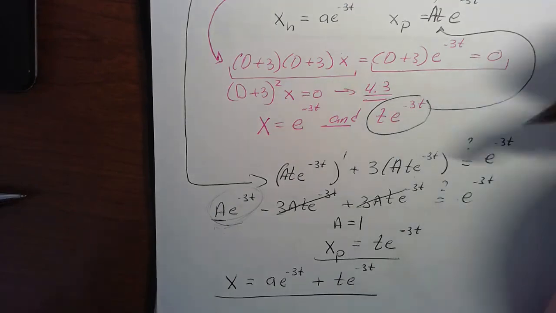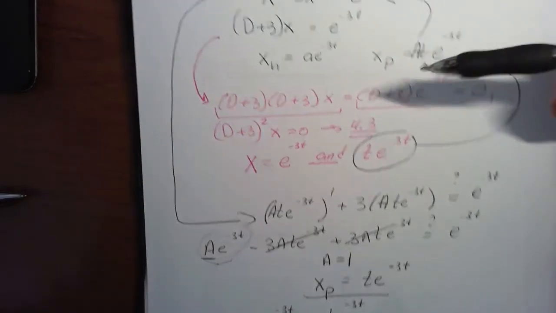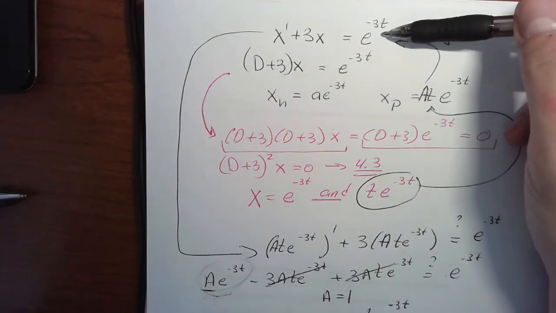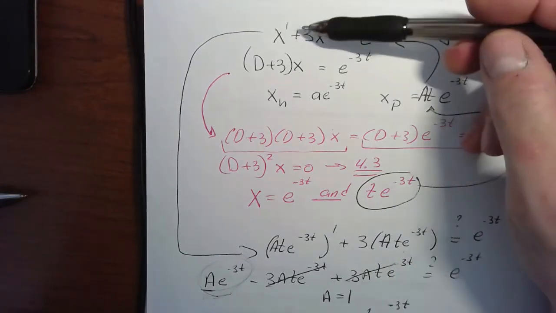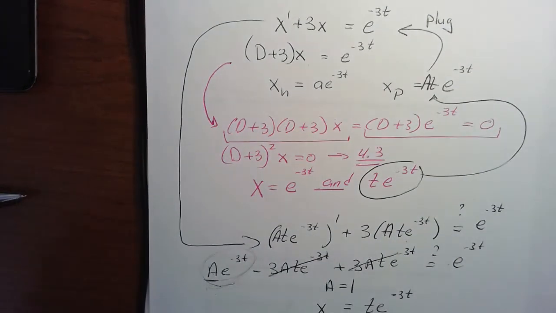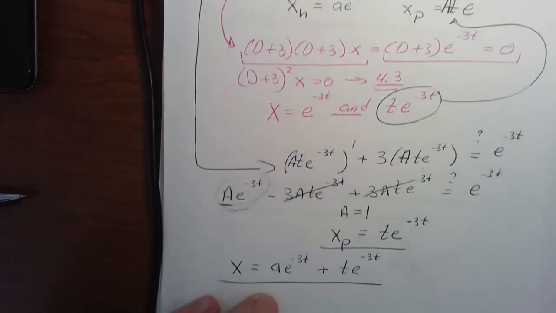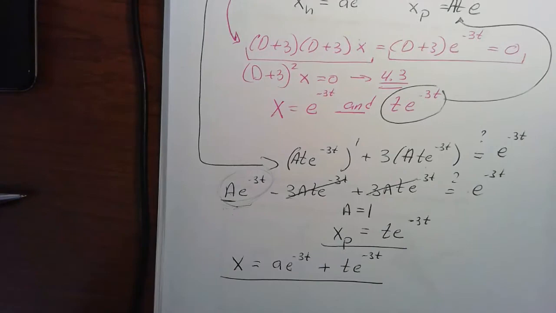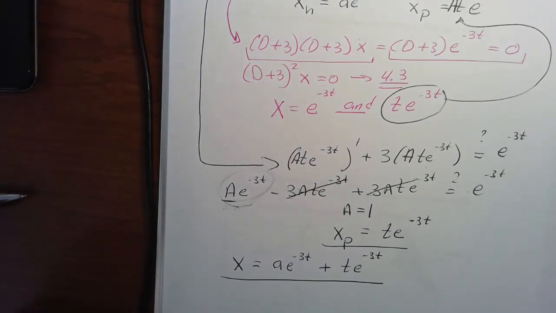So things become more complicated if the input is a function in the kernel of the operator. We'll have to put on another value of t.